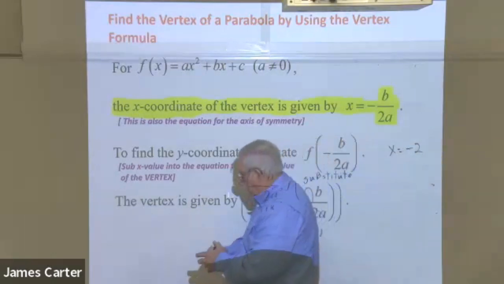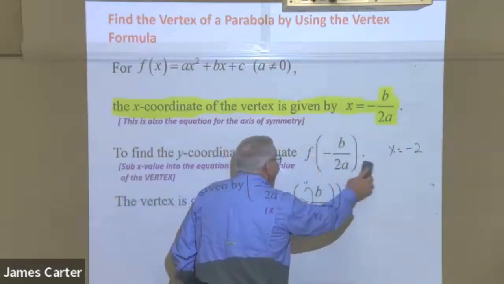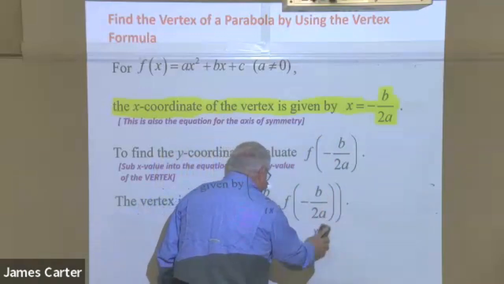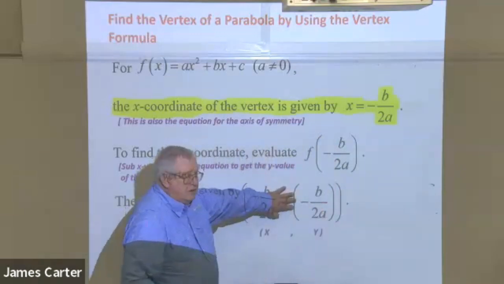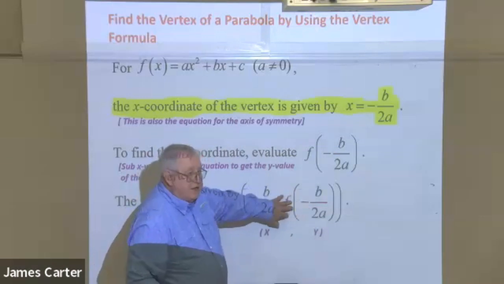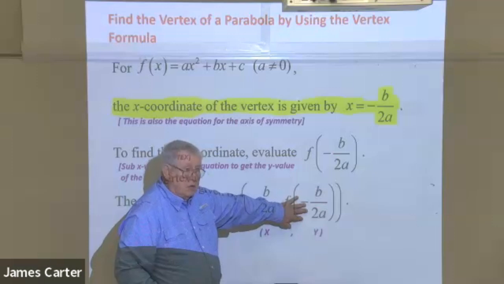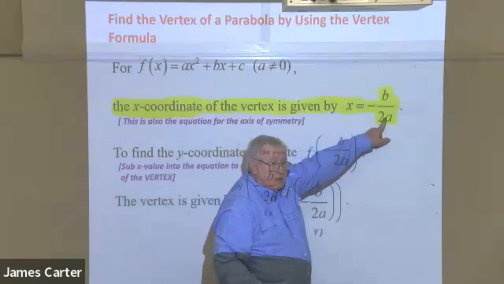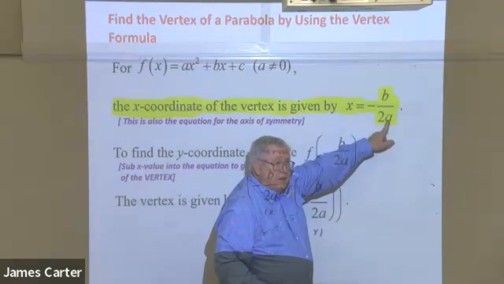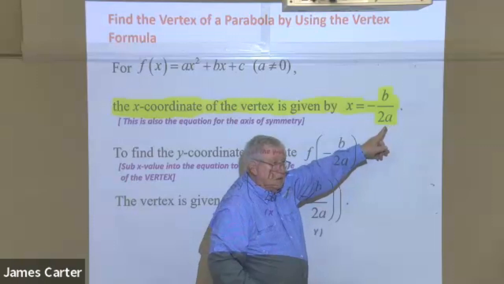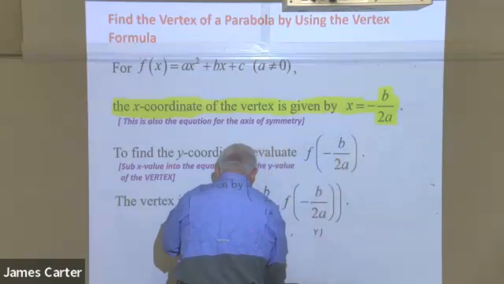Okay. Now, I don't know that it's absolutely important that you memorize this notation as long as you know what to do. You get this, and whatever answer you get up here, you substitute that into the equation to get the y value of the vertex. Okay, that's what's important.